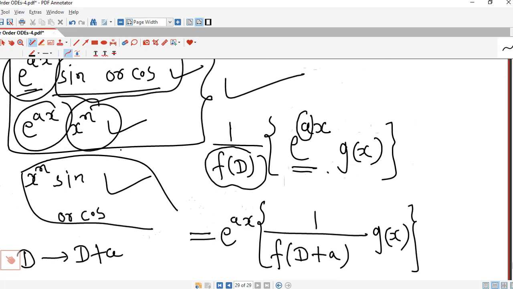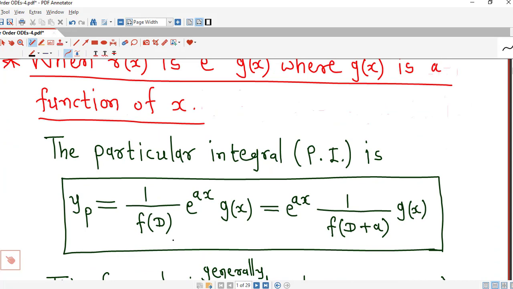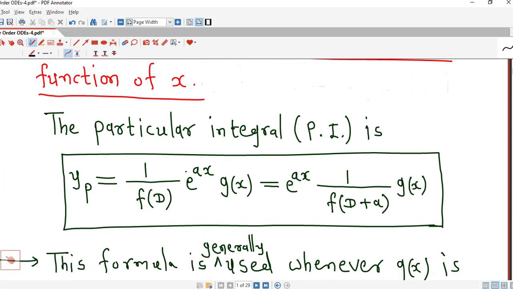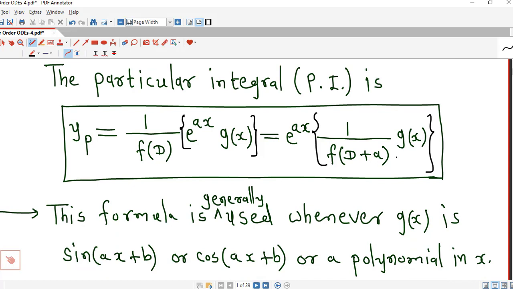So we are going to discuss this formula and we will see how to find out particular integral using this formula: 1 over f of D e raised to ax g of x equals e raised to ax times 1 over f of D plus a g of x, where g of x can be either sine or cosine or polynomial function, or g of x is that function for which we can evaluate this quantity 1 over f of D plus a times g of x.